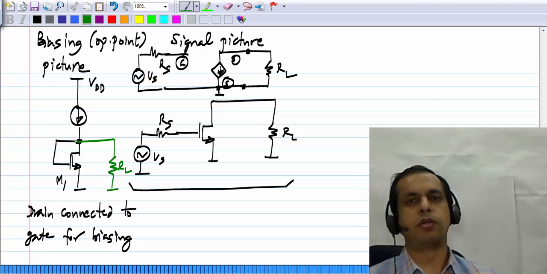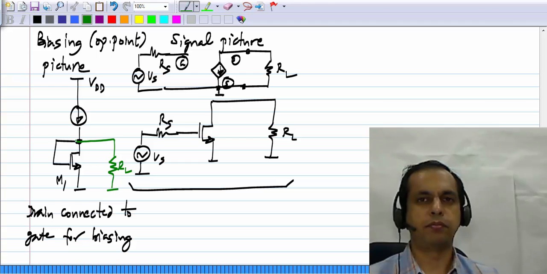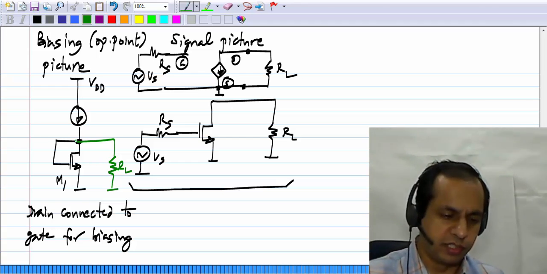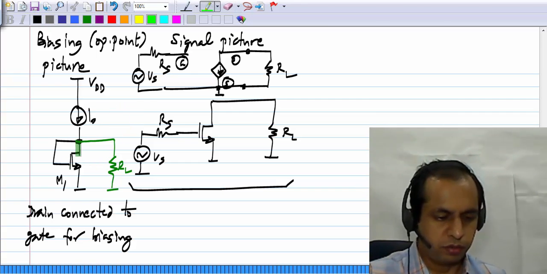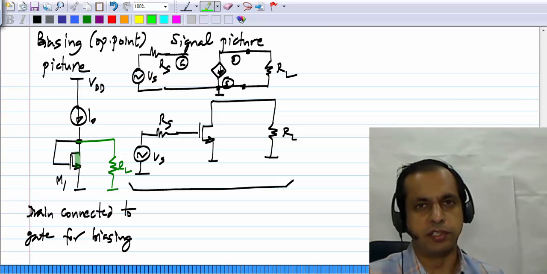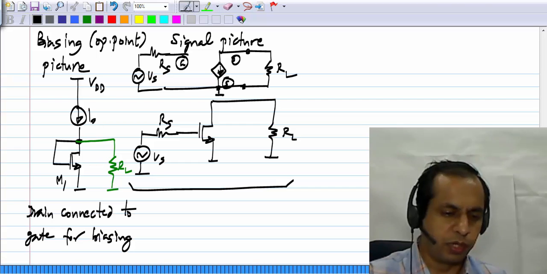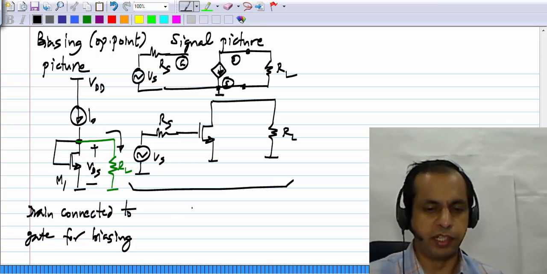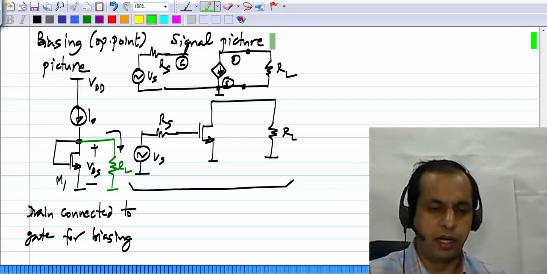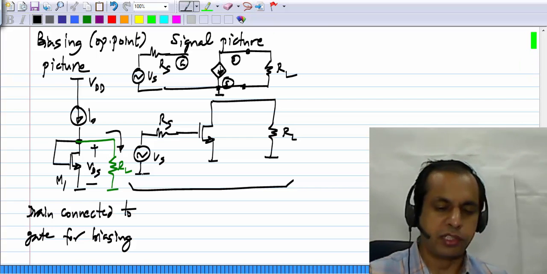Now please think about what problems this could have. One problem that is immediately evident is that we wanted this current I0 to flow through the drain of the transistor. The drain current has to be equal to I0. But in this case, what happens? I have a certain value of operating point drain source voltage VDS, and that appears across RL.